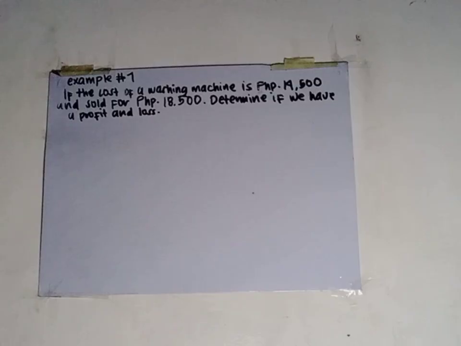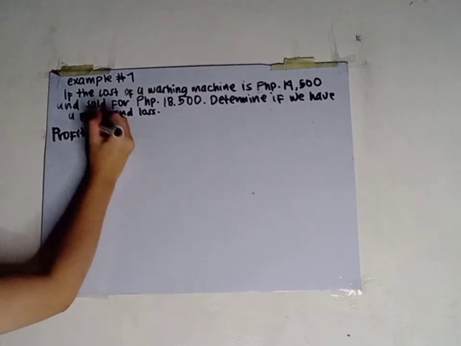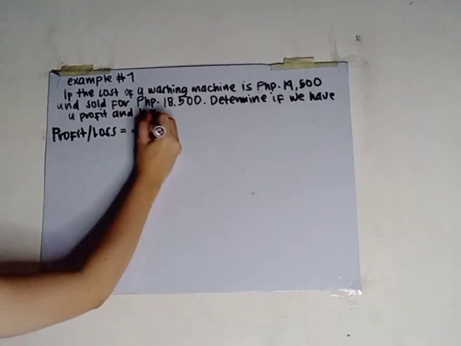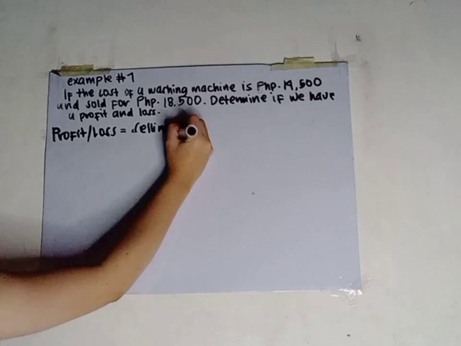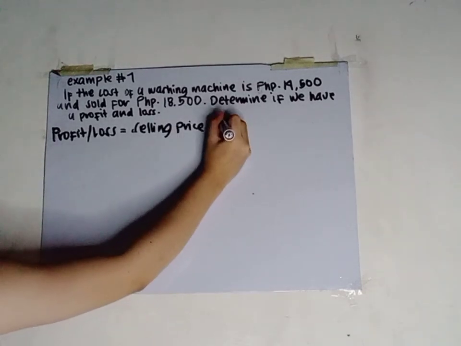Example number 1. If the cost of a washing machine is 14,500 pesos and it's sold for 18,500, determine if we have a profit or loss. Write the formula. Profit and loss equals selling price minus cost.